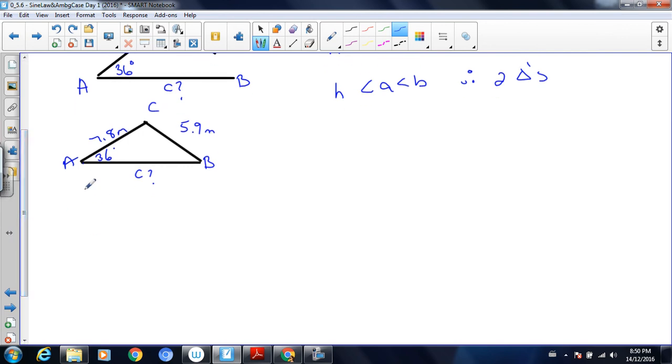So this is going to be sine of A over side A, which is equal to sine of B over side B. So sine of 36 over 5.9, which is equal to sine of B over 7.8.